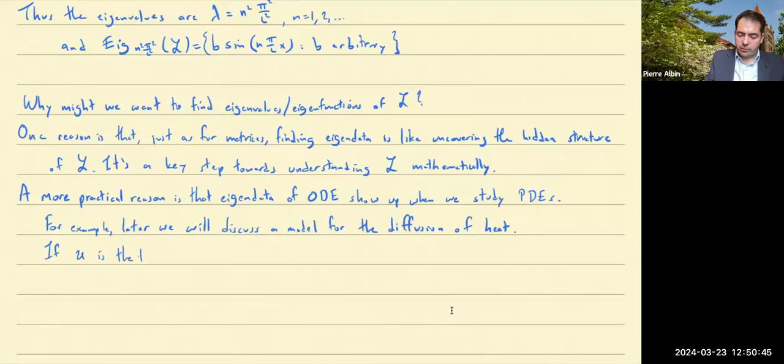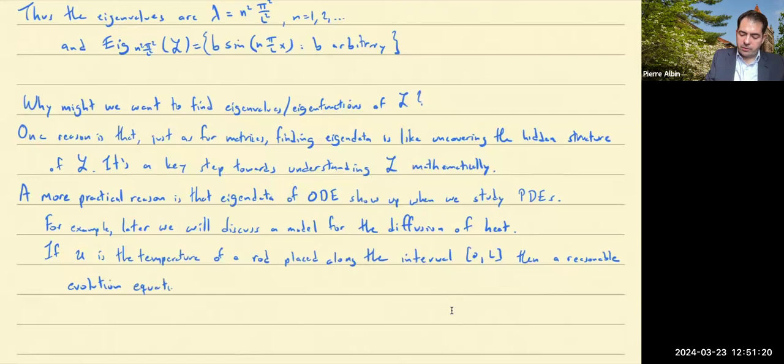If U is the temperature of a rod placed along the interval 0 to L, then a reasonable evolution equation for U would be that the derivative of U with respect to time is equal to the second derivative of U with respect to position.